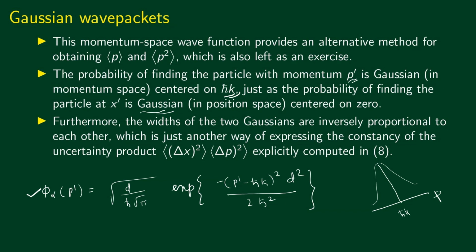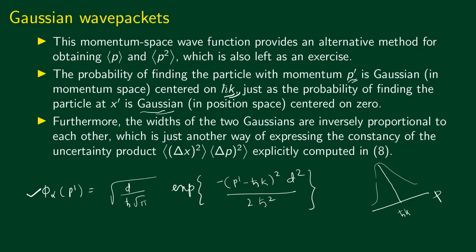So we see that the widths of the two Gaussians are inversely proportional to each other, which is just another way of expressing the constancy of the uncertainty product that we explicitly computed. This uncertainty product we saw is a constant. It was h bar square divided by 4.